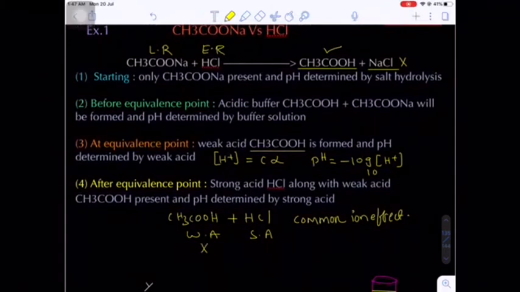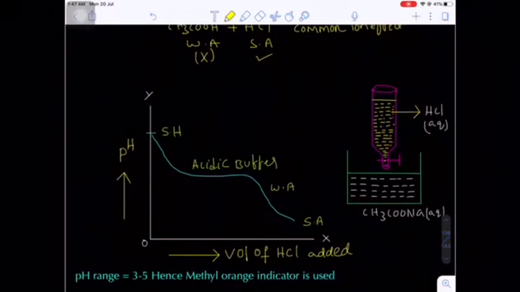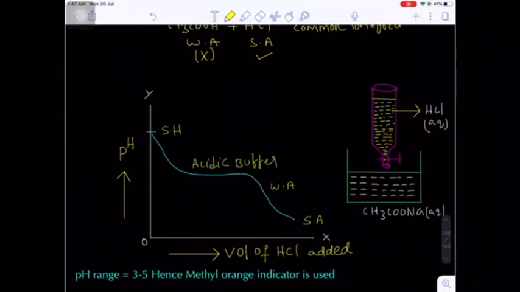Due to the common ion effect, the ionization of the weak electrolyte further decreases. That's why we should not consider the H+ concentration from acetic acid. We only consider the H+ concentration coming from the strong acid, hydrochloric acid. Are you getting my point?